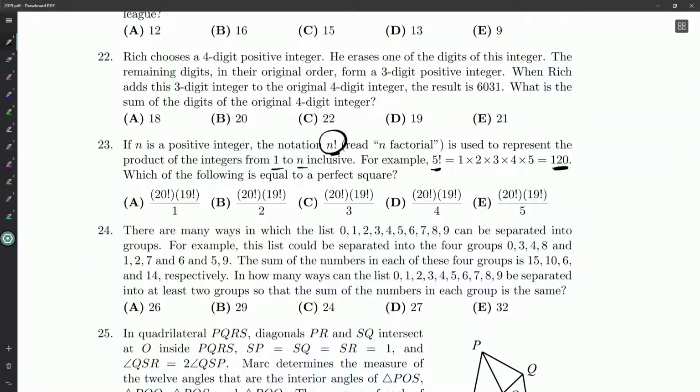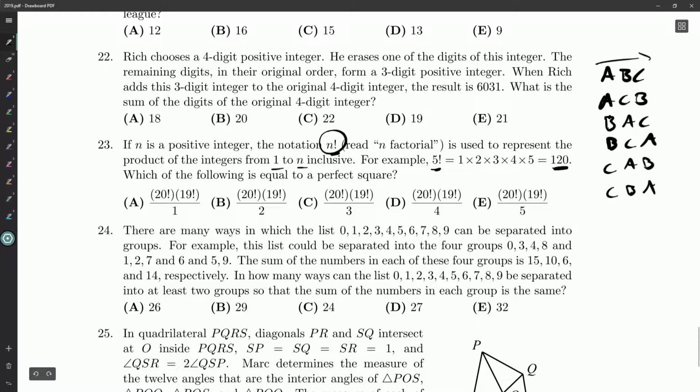So if I have 3 things, A, B, and C, 3 factorial is the number of ways to write them out in a particular order: A, B, C; A, C, B; B, A, C; B, C, A; C, A, B; C, B, A. These are the only arrangements, call them linear permutations, of these 3, and there's 6 of them, and you'll notice 3 times 2 times 1 is 6. If I had 5 things, it would turn out there's 120 ways, but we don't want to write them all out, so this is what the factorial notation does for us.